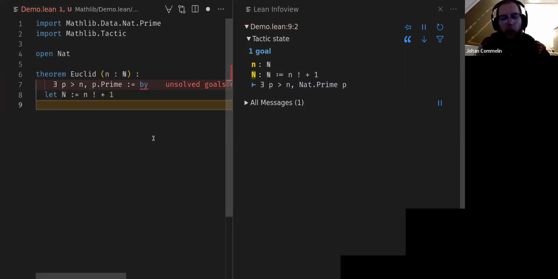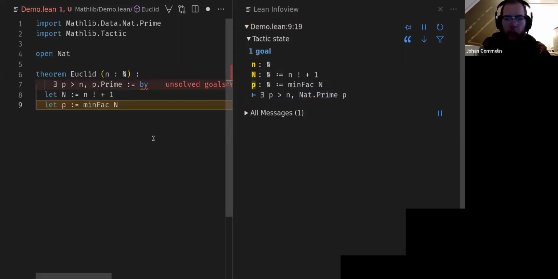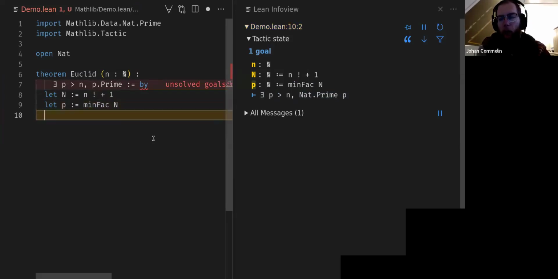And now I'm going to say, well, let P be the minimal factor of capital N. And this gives us another extra entry in the list of yellow things. And now I want to say, well, this P that we just constructed, this is going to be our witness for the claim of the existential quantifier that there exists a P such that blah, blah, blah. So I'm going to say use P.